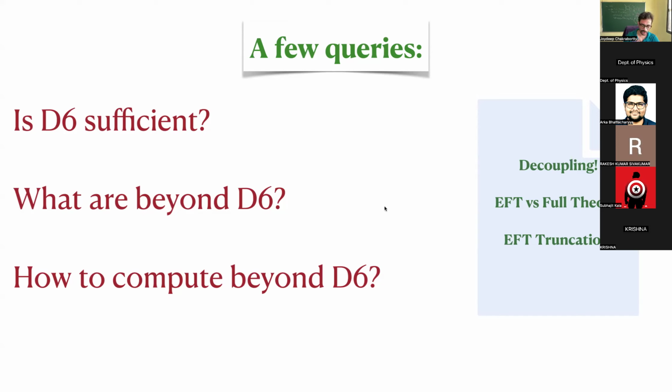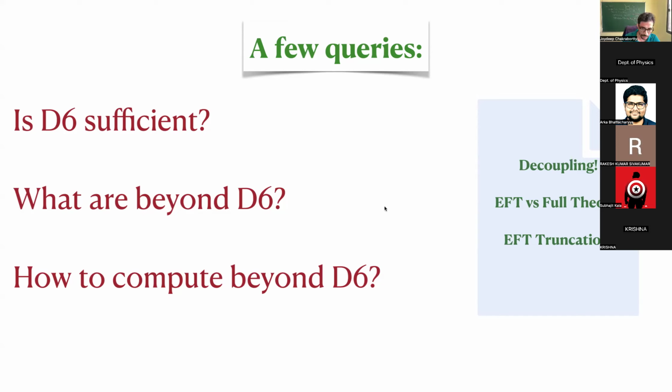If you are considering a 2 dimension 6 contribution, you have to add a dimension 8. Otherwise, there will be problems with renormalizability also. Sometimes you may also lose gauge invariance and other things, for example the photon mass thing. Yeah.